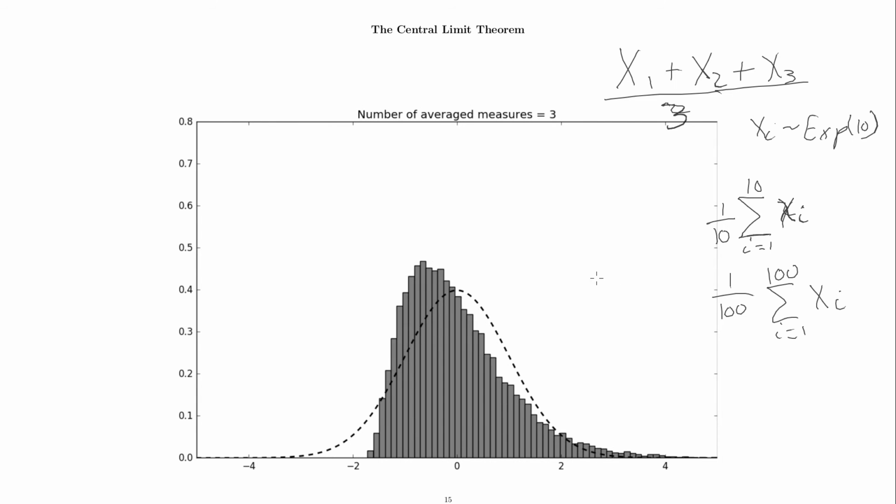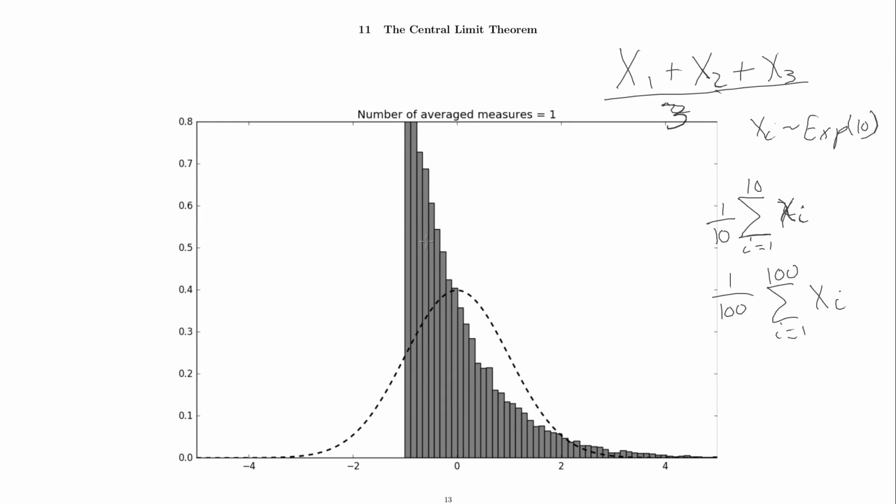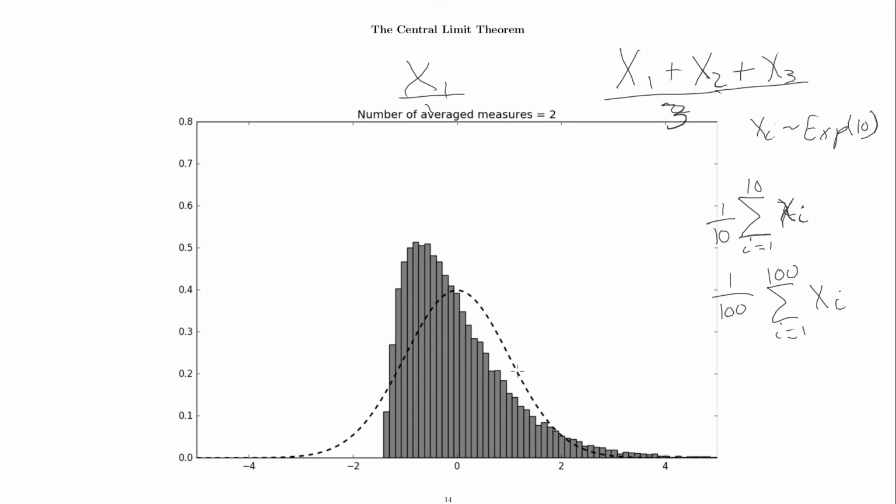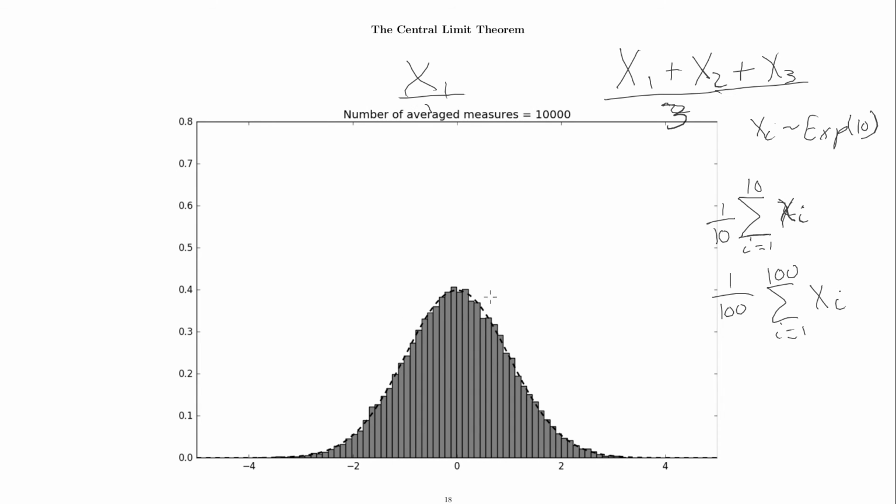So it basically says that when I create an empirical distribution with only x1 over 1, this is what I get. When I have x1 plus x2 over 2, this is what I get. All the way up to 10,000, where I get something that looks suspiciously like the standard normal.